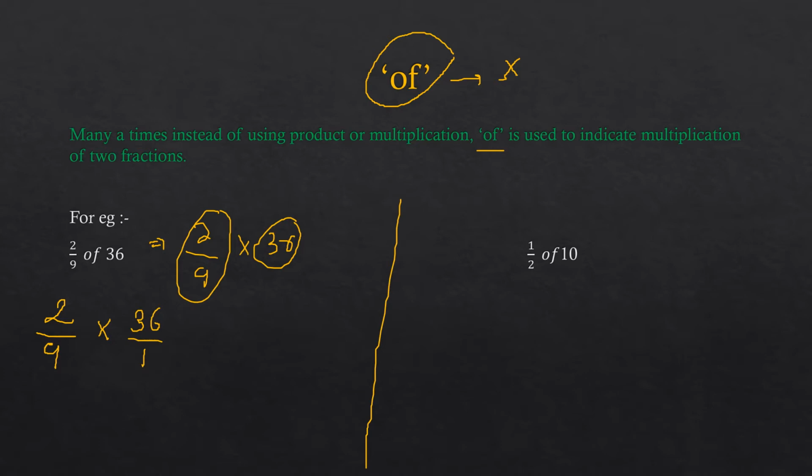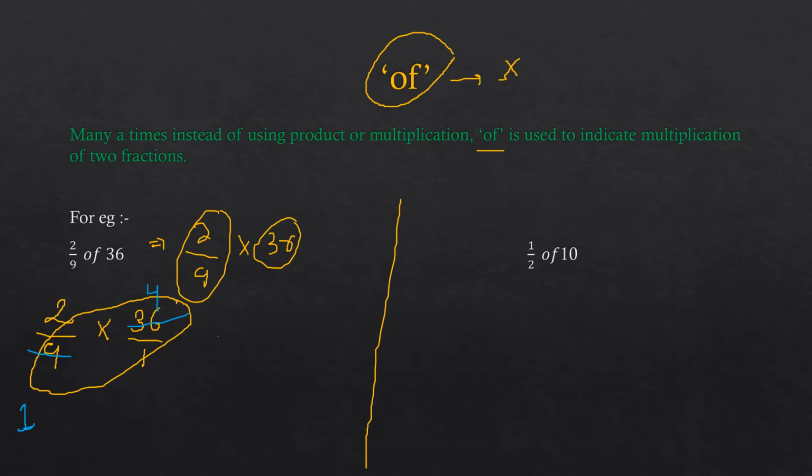Therefore 2 by 9 multiplied by 36 by 1. Now you can clearly see this 9 and 36 have a common factor 9, then we will use it to reduce them. Therefore 9 divided by 9 gives us 1 and 36 divided by 9 gives us 4.